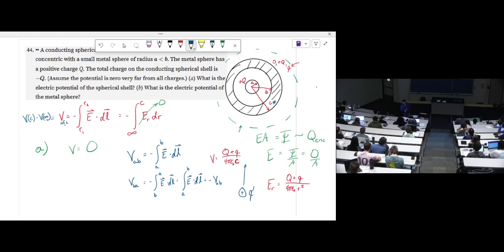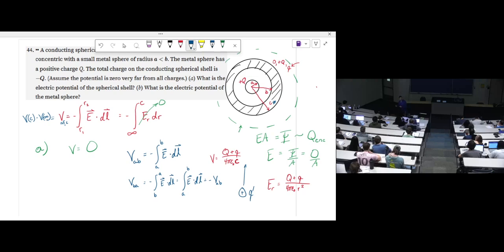What is the electric potential of the sphere, the inner sphere? We now want to know what is the electric potential at the inner sphere. Well, the outer shell, if the electric potential is 0 on the outer wall of the outer shell, then the electric potential of the entire shell is 0 because it's a conductor. Let me say that again.